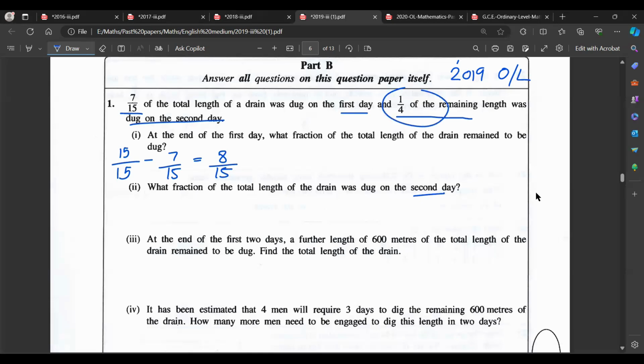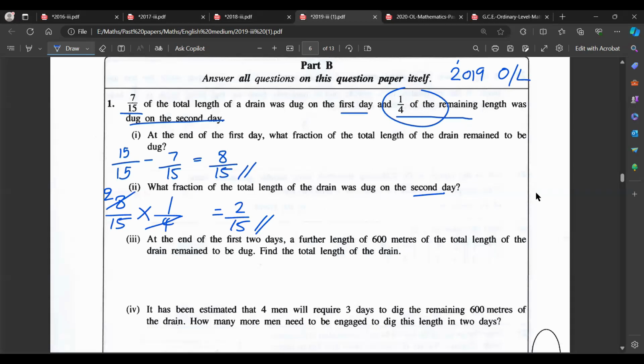Second day, 1 over 4 of the remaining. So remaining 8 over 15 times 1 over 4. Now you can cancel 4 here. 2 out of 15. For the second day, they dug 2 out of 15. First day 7 out of 15. Second day 2 out of 15.